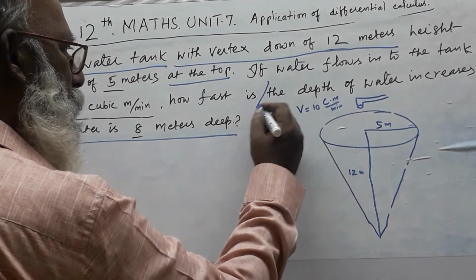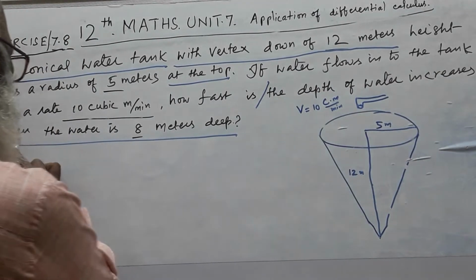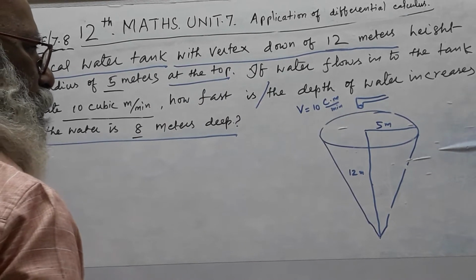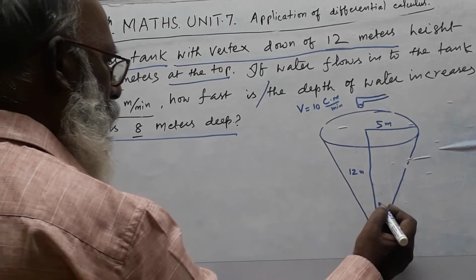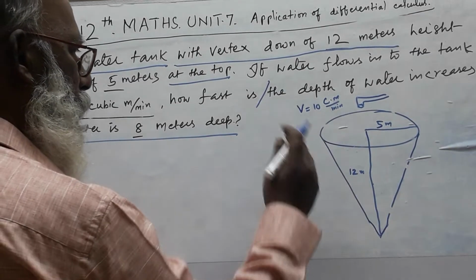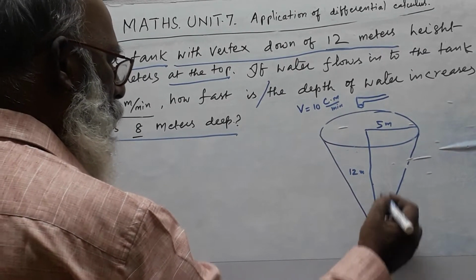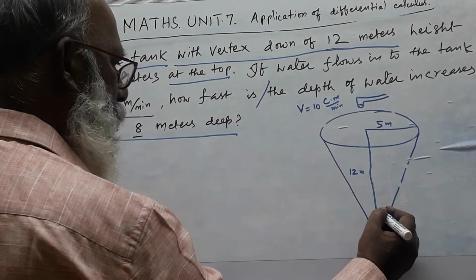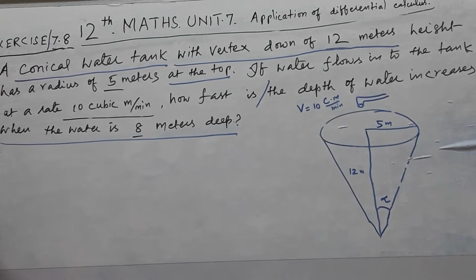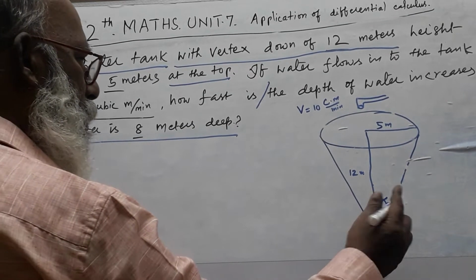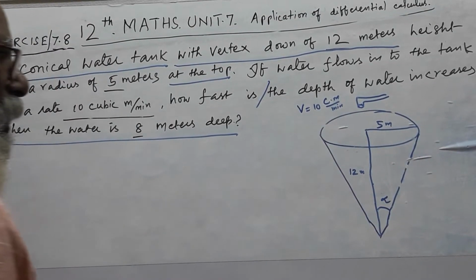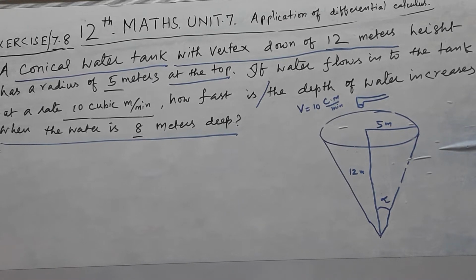Initially we have to assume the volume is given. Here the angle between the vertex line and the side wall we call alpha, instead of theta. Side wall alpha.